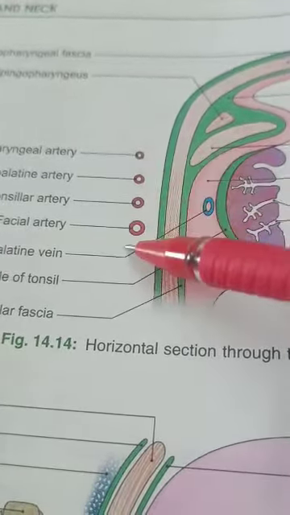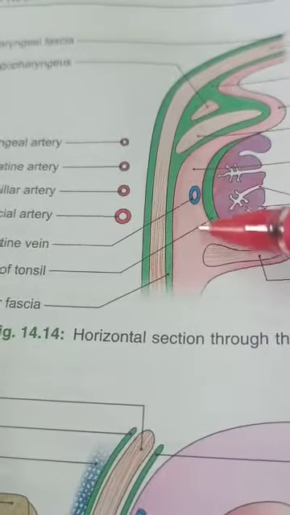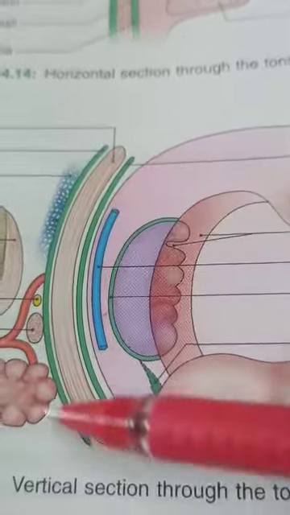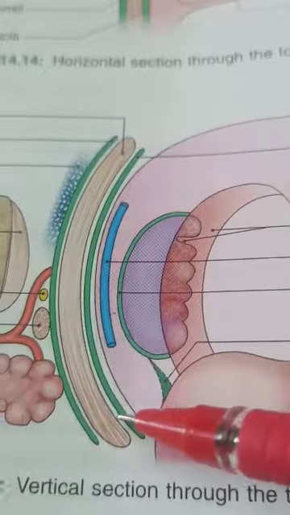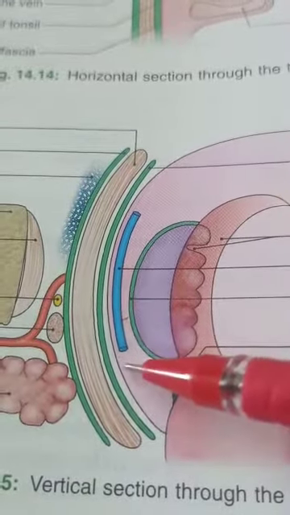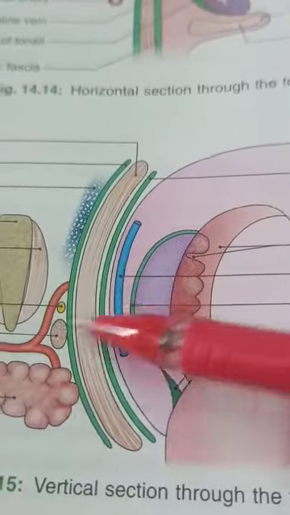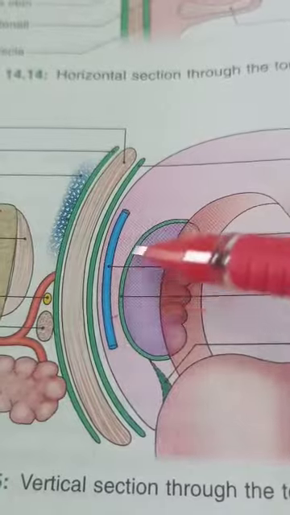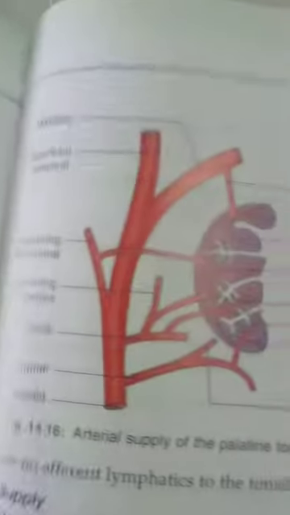All these arteries are related to the lateral surface. These structures are known as the tonsillar bed. That's about the lateral surface of the palatine tonsil.